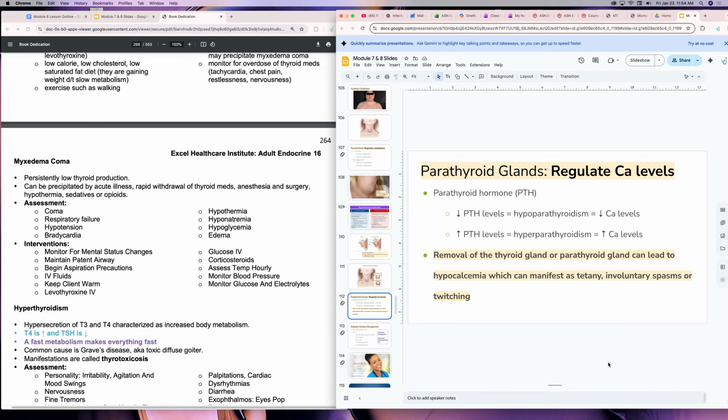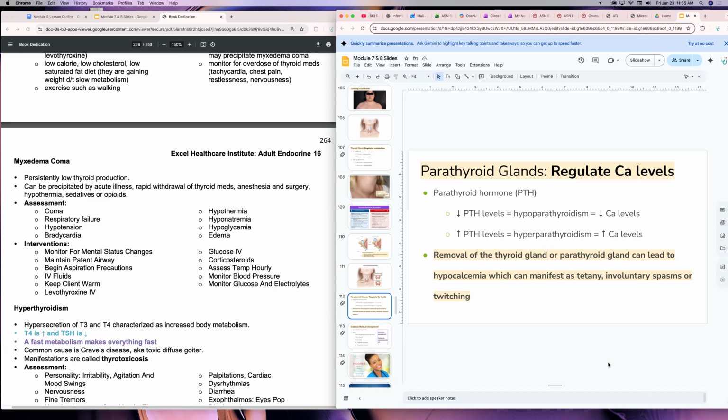Okay? So that's what I want you to know for the NCLEX about the parathyroid disorders, they just affect the calcium levels. And because we reviewed electrolyte levels early on, you will know what low calcium causes, right? And what high calcium causes. We know that low calcium levels cause tetany, and we know that high calcium levels cause kidney stones, okay?